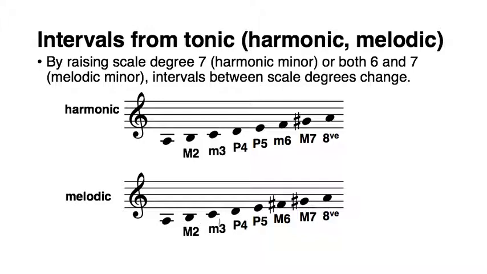So you can see here that now between scale degrees 1 and 6 we have a major 6th, whereas before we had a minor 6th, right? If you'll remember our intervals between tonic and the other scale degrees in a major scale, it was very much like this, except for the relationship between 1 and 3, which in a major scale was a major third.